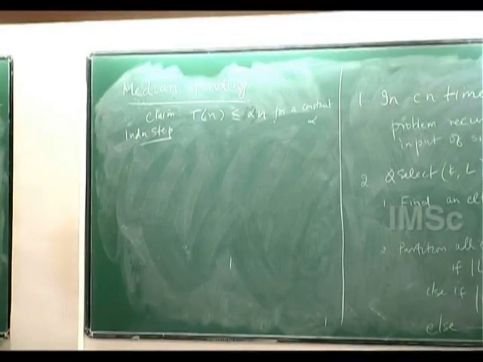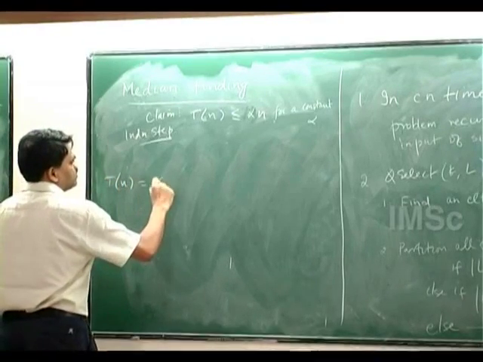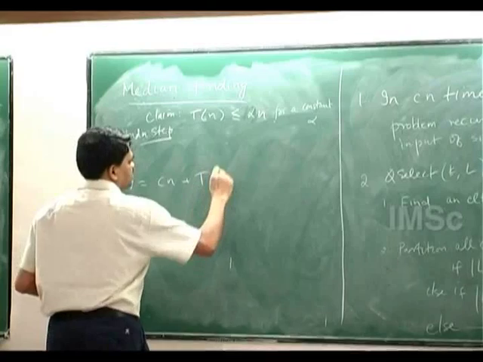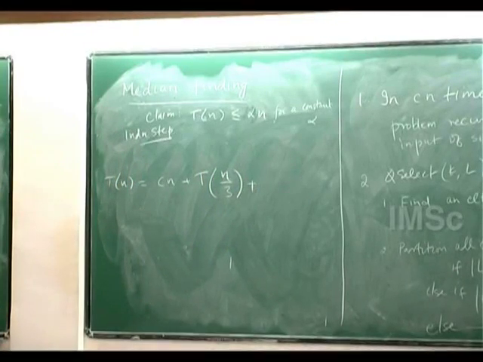How much time? This is a linear time, whatever it is. May not be 2n but something else. This would be T(n/3). So what would be my recurrence? Some cn plus... And what are these numbers? What can I guarantee?